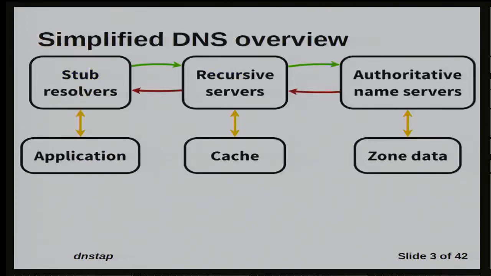So here's our simplified RFC style DNS overview. We have some DNS protocol endpoints: stub resolvers, recursive servers, authoritative name servers. Then on the bottom we have these applications and caches and zone data. Basically, an application wants to do a DNS lookup, so it talks to its local stub resolver.